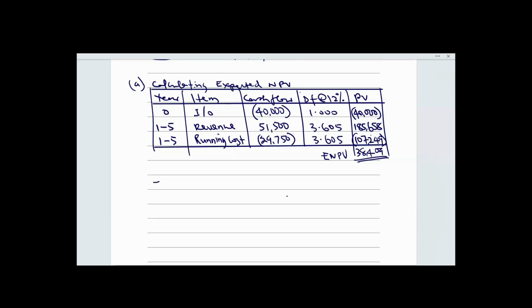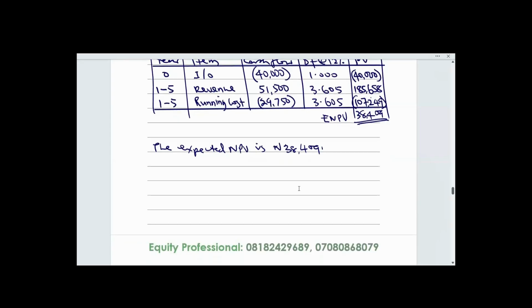You then say the expected NPV is 38,409. So that answers requirement A.